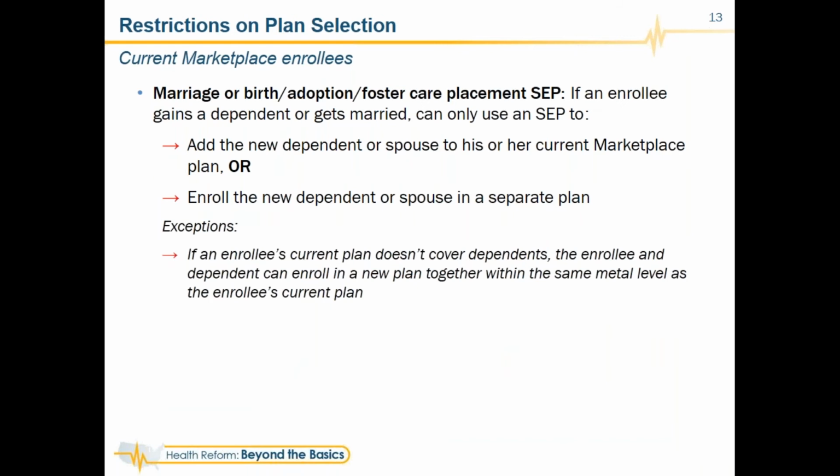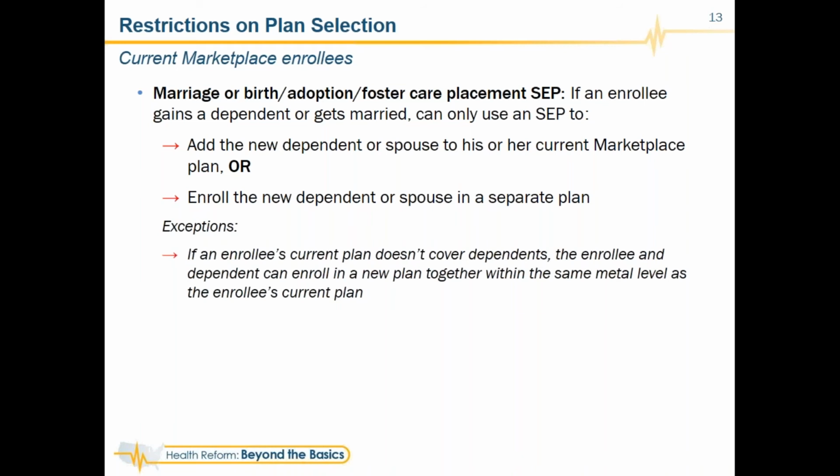In addition, there is one other restriction on plan selection for current enrollees who are eligible for an SEP because they gained a dependent. So if someone gets married or adds a dependent due to birth, adoption, placement for foster care, or through a court order, there are pretty limited options for plan selection.